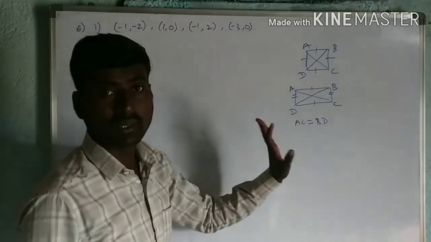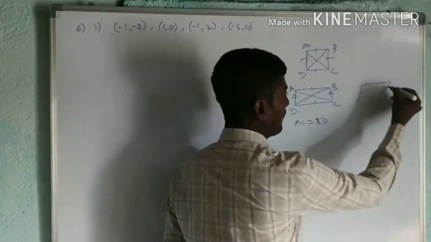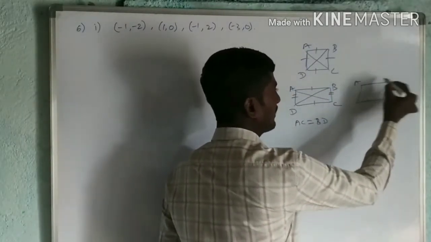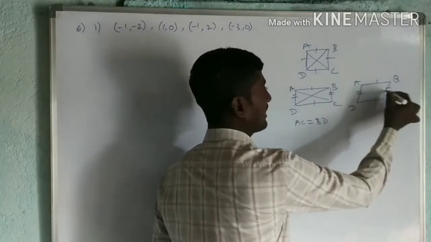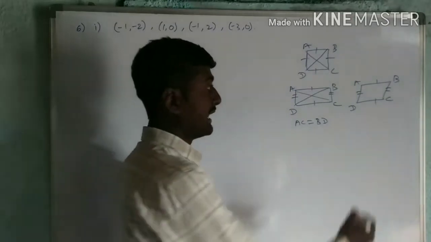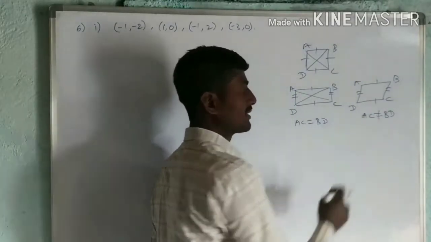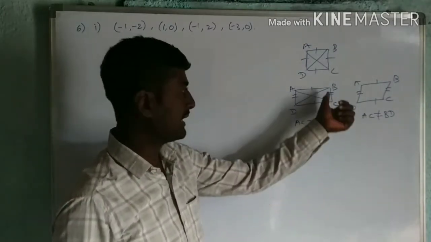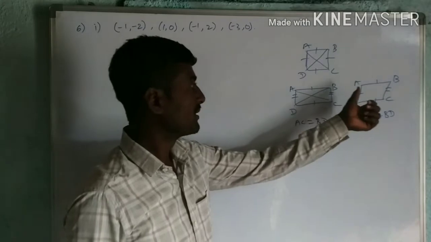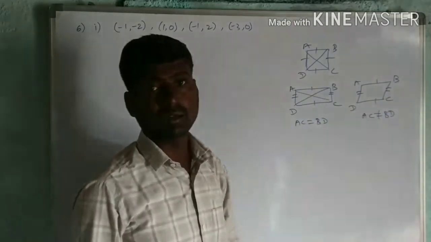The diagonals are also equal. Similarly, in a parallelogram the opposite sides are equal, but the diagonals are not equal, so AC is not equal to BD. See the difference between these two. If the diagonals are equal, then it must be a rectangle. If the diagonals are not equal, then I can say it is a parallelogram.